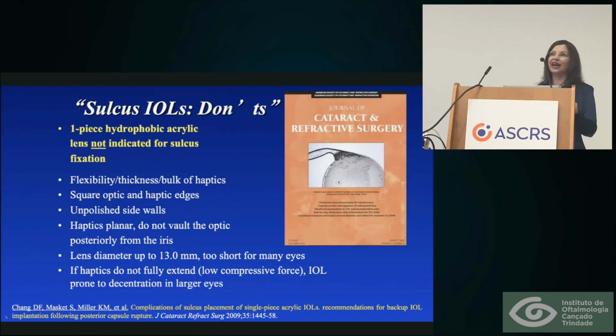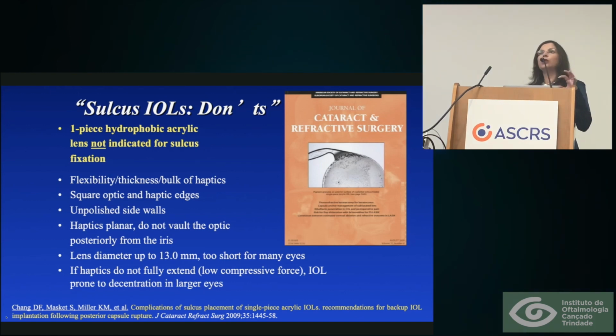However, yes, the design, that's the basic factor, and you really need to pay attention to that. So there is a lot of literature about the single-piece hydrophobic acrylic lenses that when they are in the sulcus, this is not an appropriate fixation site for them because of the flexibility, thickness, and the bulk of those haptics. These lenses have square optic and haptic edges.